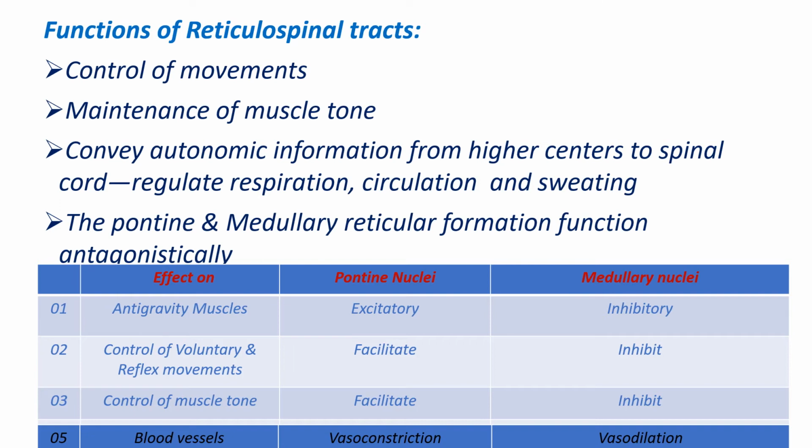How? The medullary reticular formation is activated mainly by the premotor cortex, what we call the suppressor area, the basal ganglia, and the anterior lobe of the cerebellum, to cause inhibition, that is, to counterbalance the excitatory signals from the pontine reticular system.